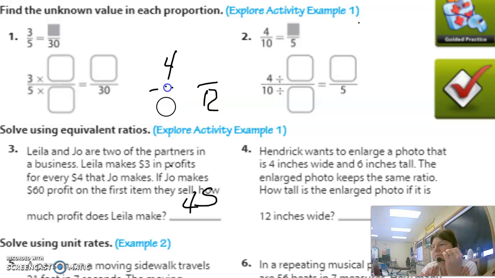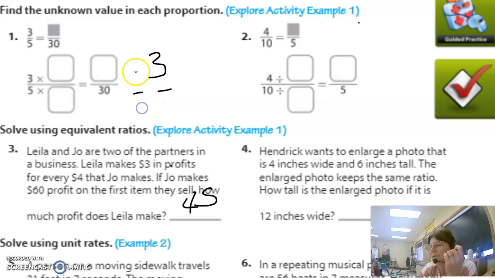Okay, so we have 12. I'm sorry, we have 4 right here, and we have 6. And the 12 inch width, that's on the top. So we're going to go 12.